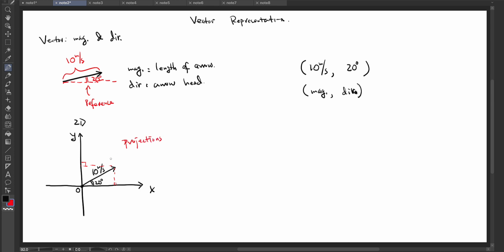So we draw projections into the x and y axis. And these projections, the dashed lines, intercept the x and y axis at some position. And these two points have some distance to the origin. Let's call this the x coordinate, and that's the y coordinate.